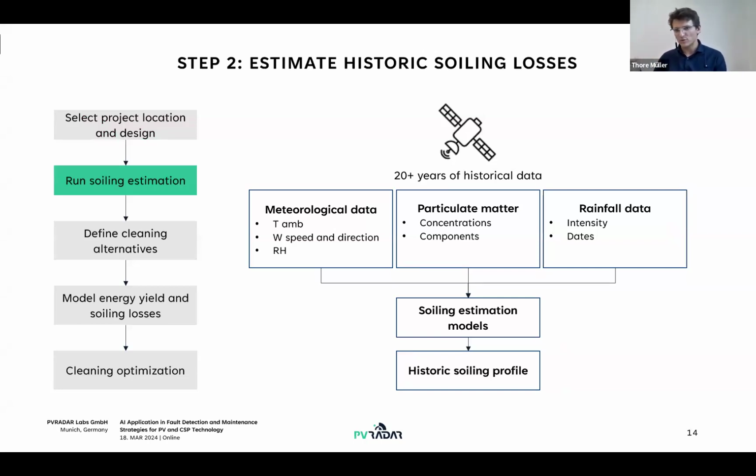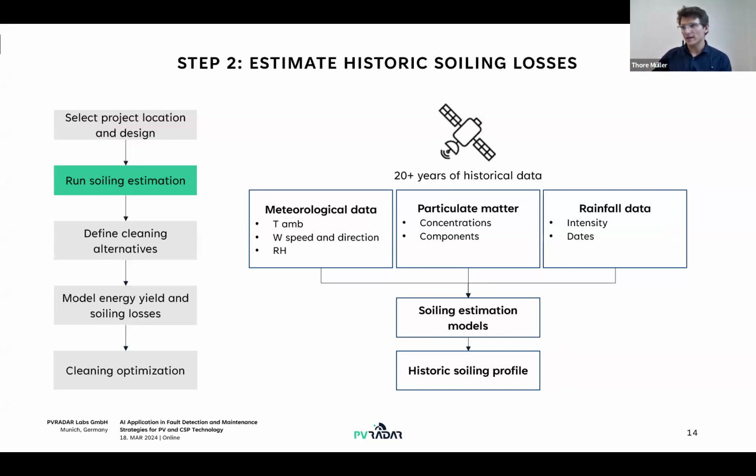Most importantly, we fetch 20 years of historic concentration for different components, particles suspended in the air, for the very location. And also we fetch information about the rainfall that this region has seen. And all of this we combine in our soiling estimation model to get a historic soiling profile. I will show an example of how that looks at the end.